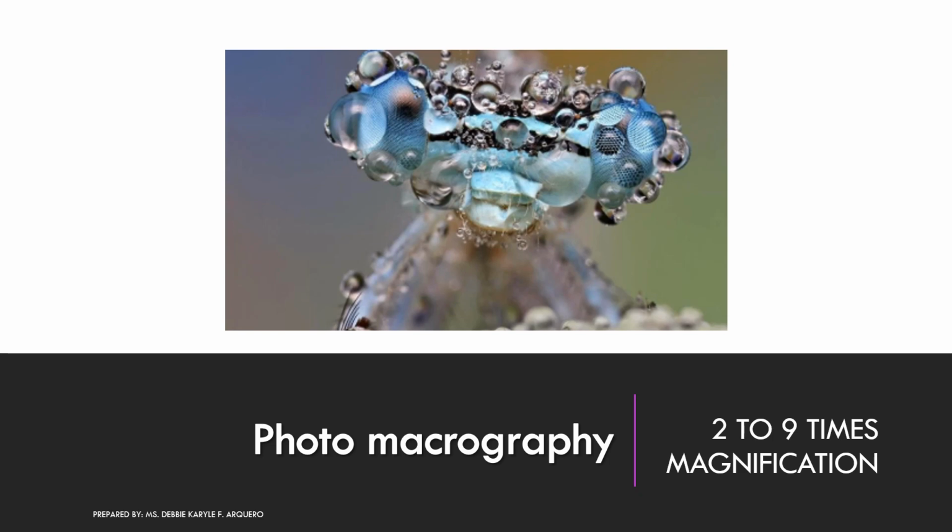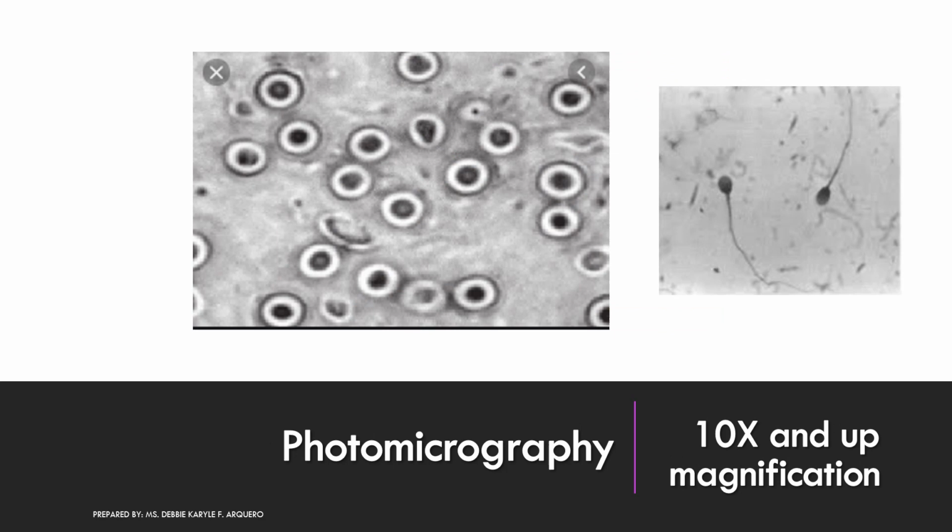Pero with the means of a macro lens, it magnifies, it enlarges the object. So the magnification of photomacrography is 2 times to 9 times bigger than the original size.